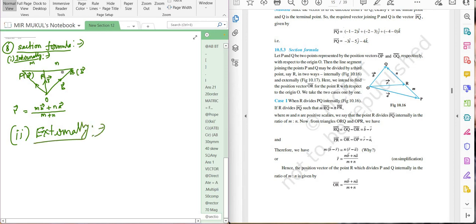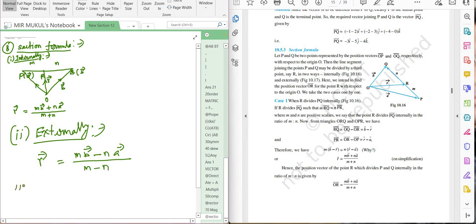If point R is outside of PQ, then R equals (mB minus nA) divided by (m minus n).